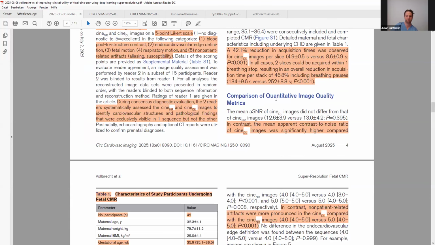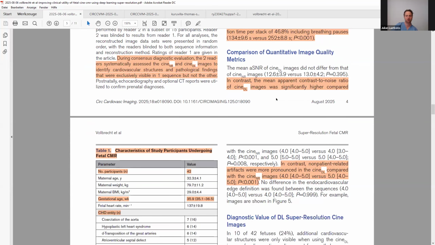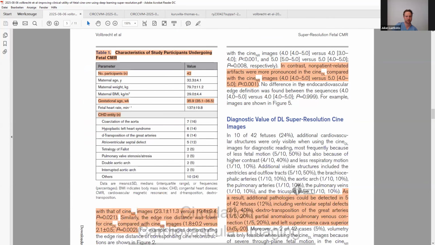Quantitative image quality metrics were sometimes higher even for the deep learning accelerated reconstruction. And we also had a lower edge rise distance in our Cine DL images, which means that the image is sharper, which is an effect of the super resolution network.